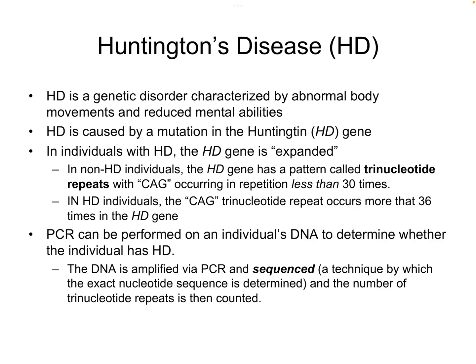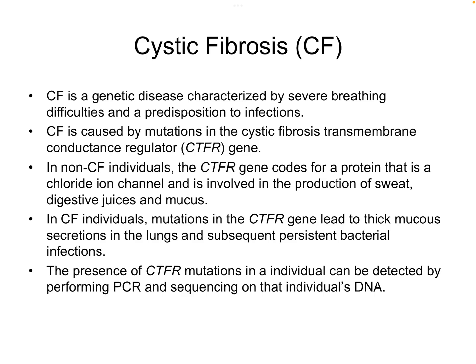If more than 36, or more than 40, then the patient is more likely to have HD or the HD gene. For cystic fibrosis, there is a mutation in the CFTR gene. The presence of the CFTR mutations in an individual can be detected by performing the PCR and sequencing on that individual's DNA.